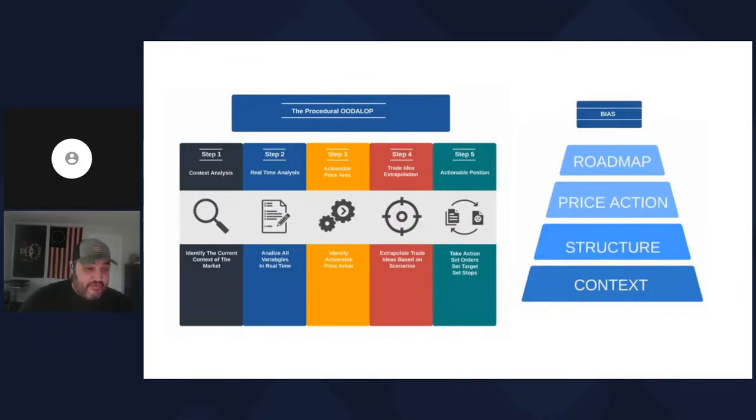And we perform a real-time analysis on that and analyze the variables, step two, and then identify the actionable price areas, the price areas where we feel like there's not going to be enough supply to meet demand and create a big move. So step four, we extrapolate those trade ideas based on scenarios, and finally we take action. That's what I call the procedural OODA loop.